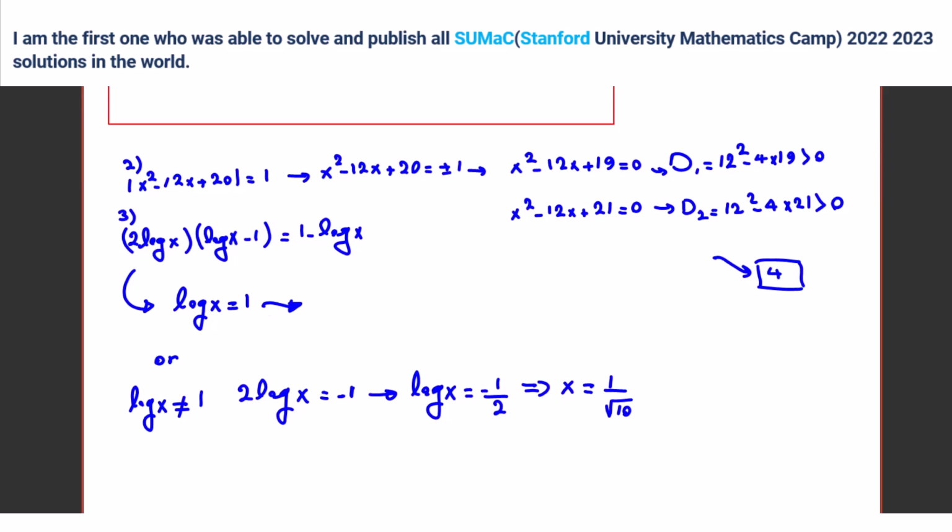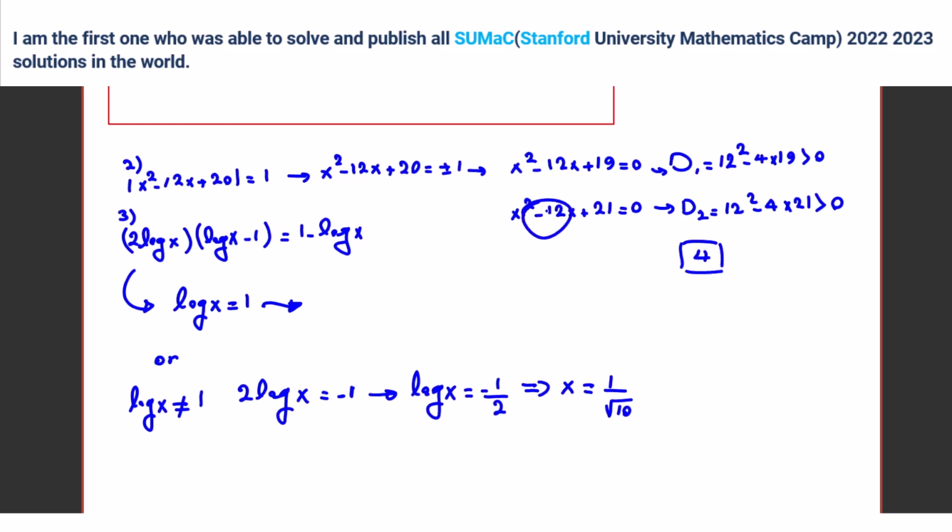Let's also consider something. We said x should be positive, right? So if we want to consider the roots here, both roots are positive, because the sum is 12, positive, and the product is 21, positive, right? So 4 answers.